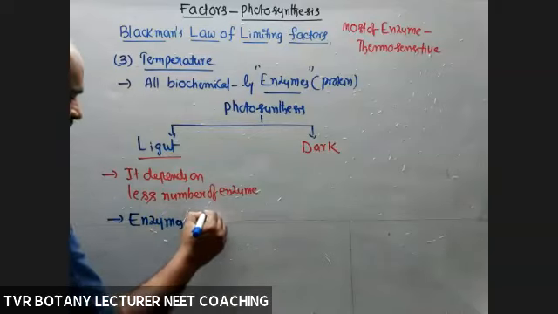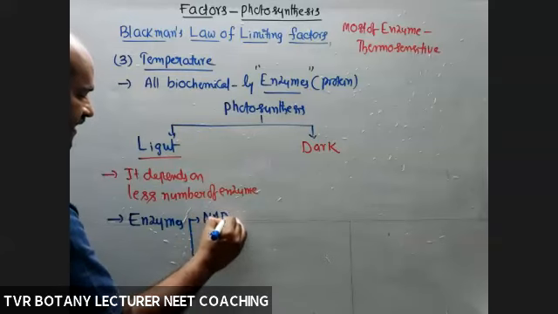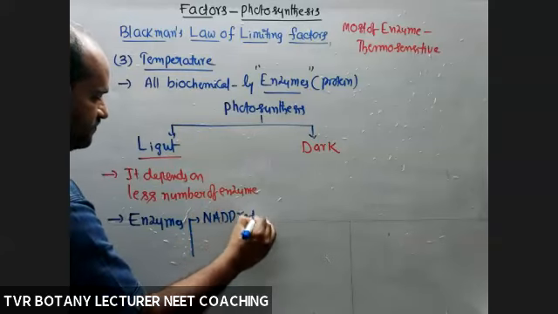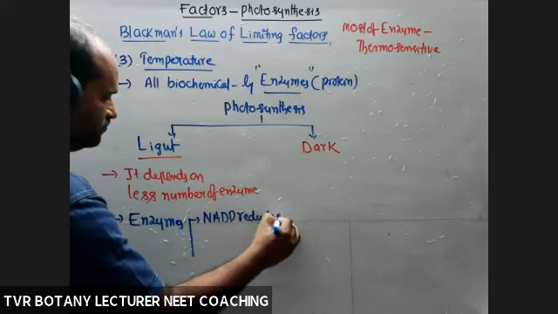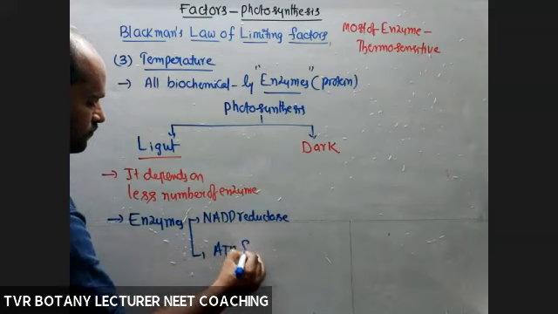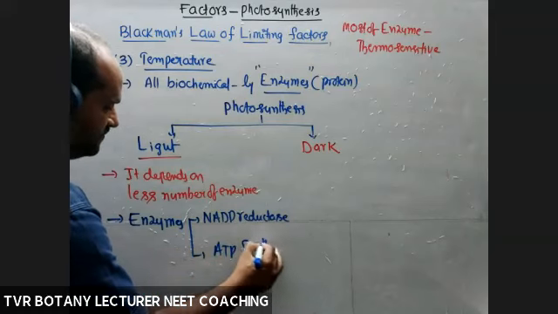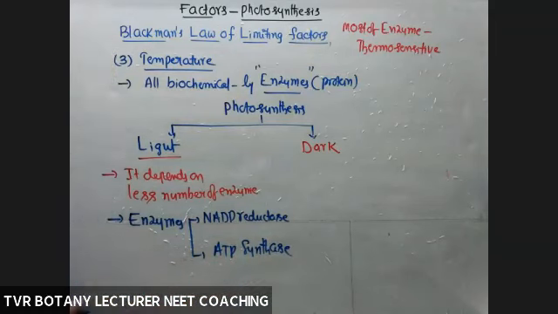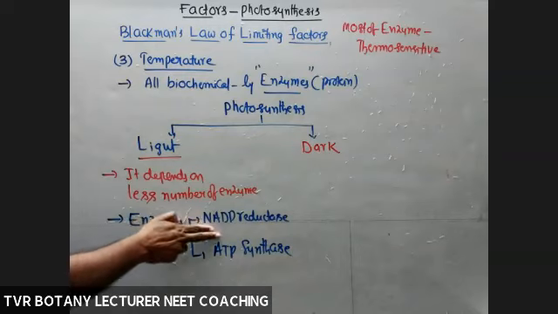One is NADP reductase, and the second one is ATP synthase. Only these two. So light reaction is least dependent on enzymes.